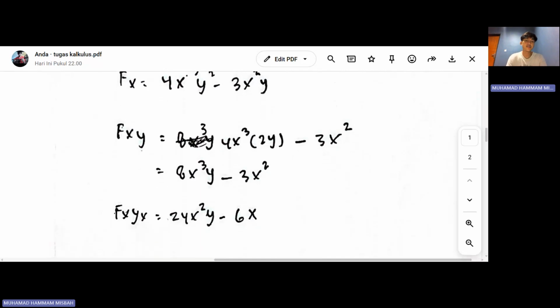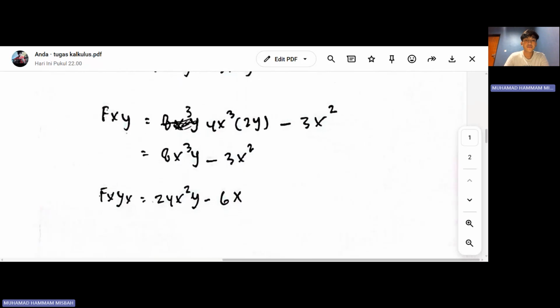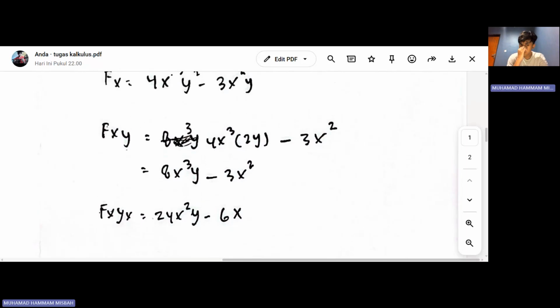It is different from before because in this case, we have to find the partial derivative differentiating with respect to y. So this is not the same as before. We have to differentiate only the y terms. So in this case, x to the power of 3 is not differentiated.